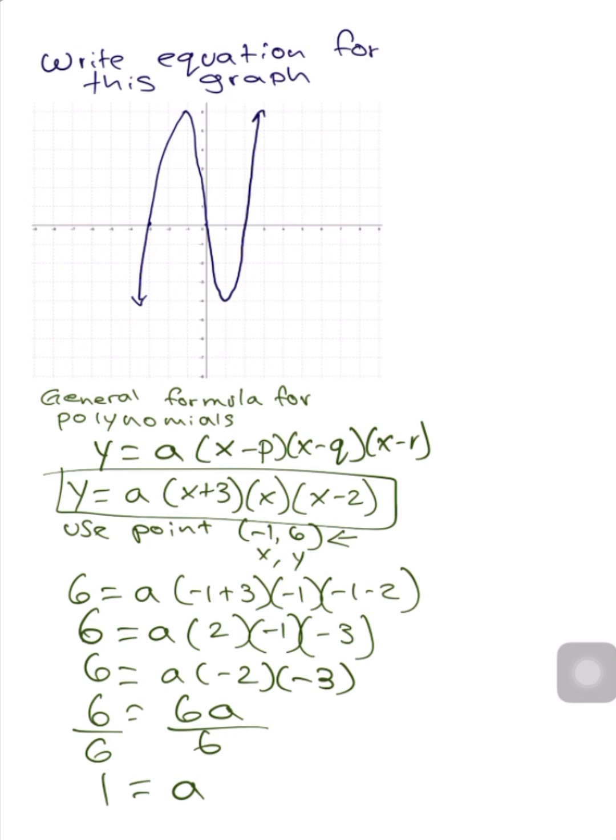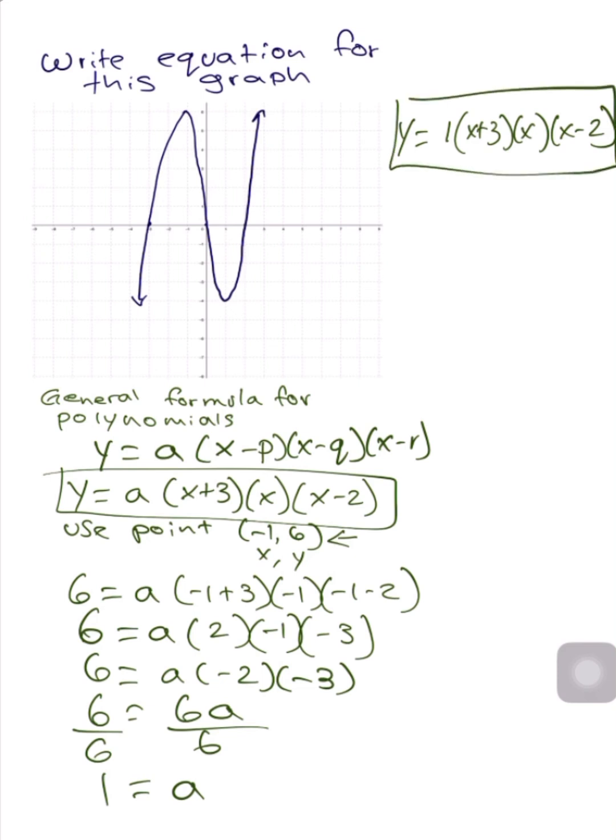So for us, our value was 1 for a. So we end up with y equals just +1 times all of your x-intercepts. And this is your answer for this graph, right? You just take this a, put it in here, and then you end up with this.